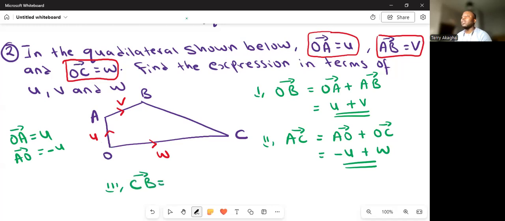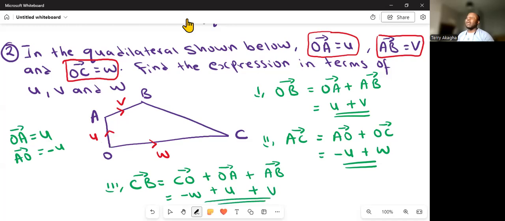So I'm moving from C to B. So C to B, I have to move from C to O. Then I move from O to A. Then I move from A to B. So C to O, because I'm going the opposite direction, is going to be minus W plus O to A is going to give me, because same direction, U. And A to B is going to give me V. So it's going to be minus W plus U plus V. And that will be the answer for that number 2.